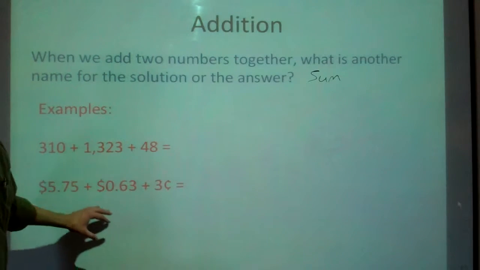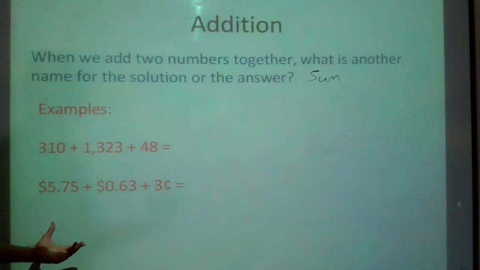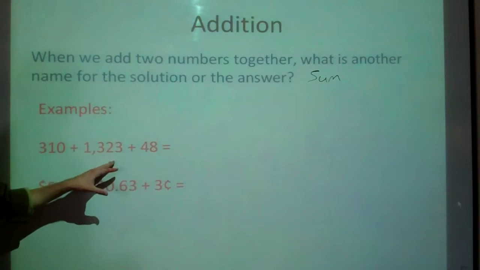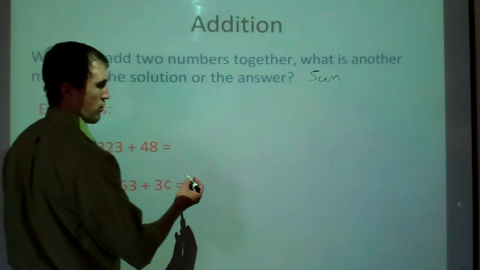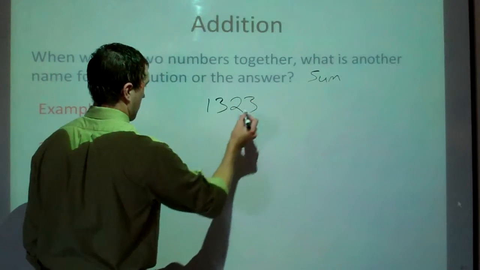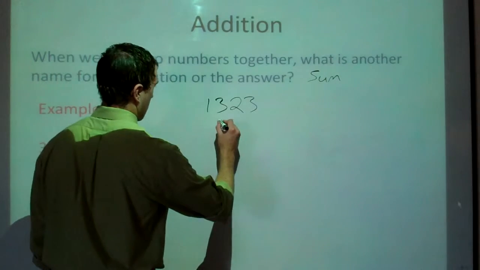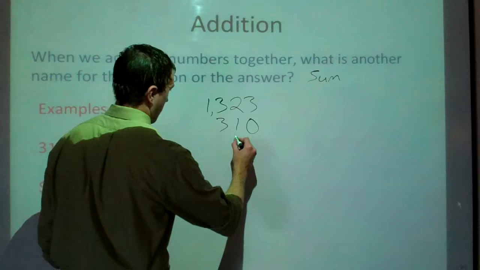Now I'm not going to go through and solve these examples. These are addition examples, but the big idea is it's all in the setup. If we do 310 plus 1,323 plus 48, you just want to make sure that your place values are all lined up. So I start with the largest one, and then I go down. 310 would be next, and then 48.